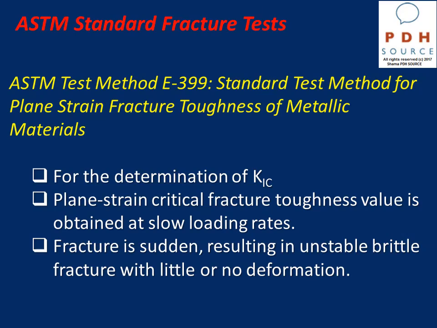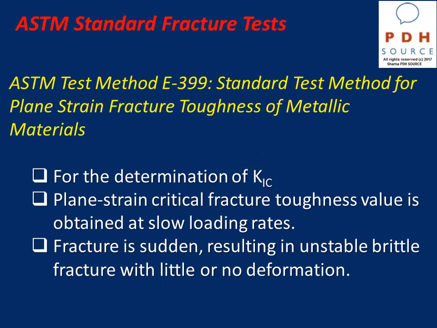So the first standard is ASTM test method E-399, standard test method for plane strain fracture toughness of metallic materials. This test is specifically for the determination of K1C.